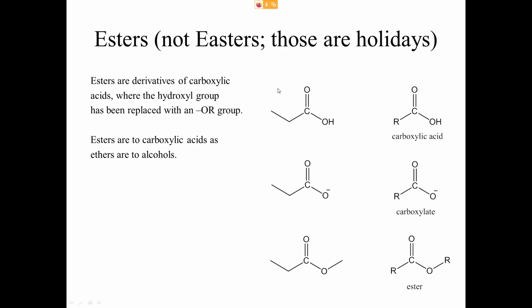So this is a carboxylic acid, as this example here is one that has 3 carbons in it, but it could be any number of carbons. If we remove this H here, since it is a carboxylic acid, that means this proton can dissociate. That's what acids do. They dissociate their protons. And this H, when it leaves, does not take any electrons with it. The pair of electrons that are being shared between the O and the H in their covalent bond, there is a bond here, just not drawn.